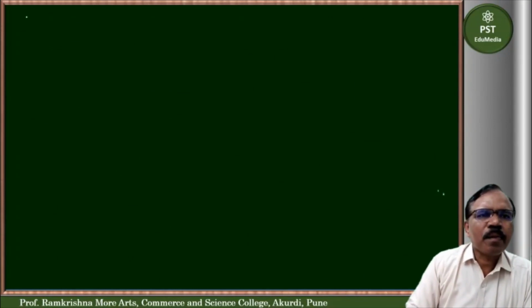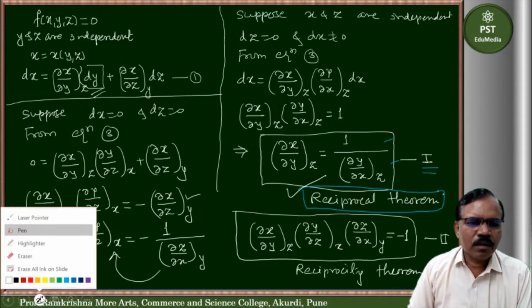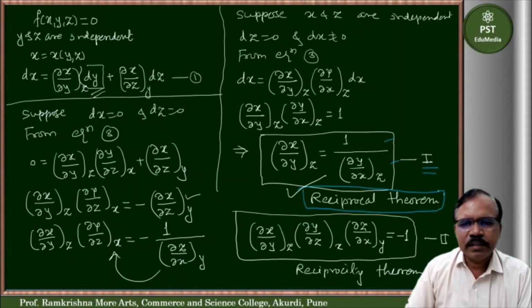Now we will see a simple example. Verify. First, to keep in mind, the cyclic one: x y, y z, z x and then x.